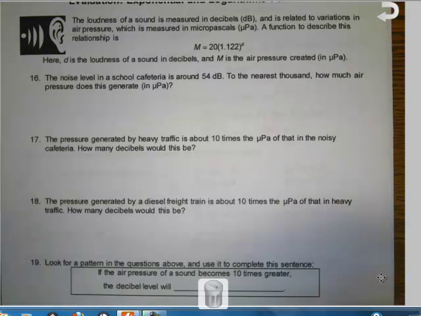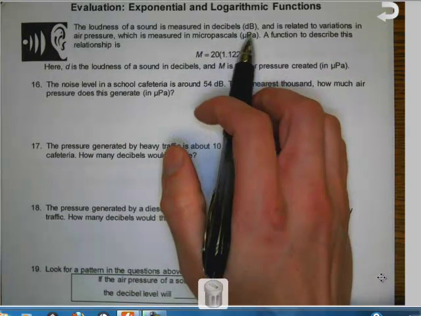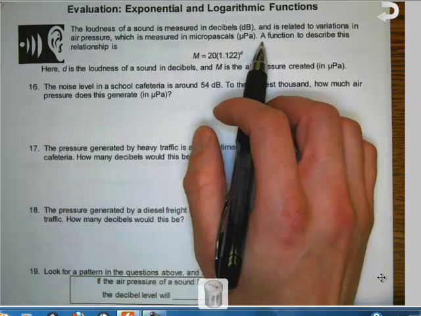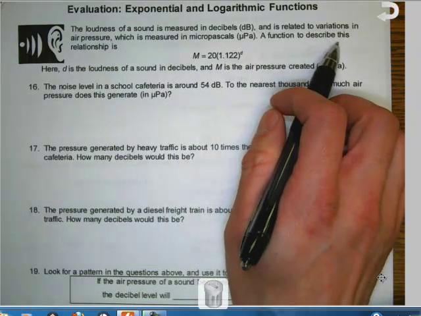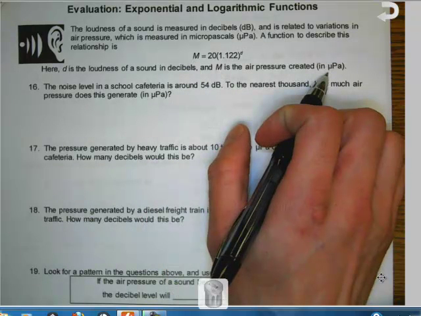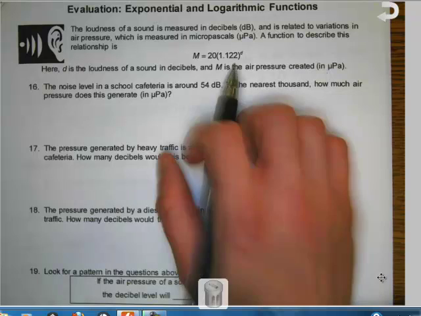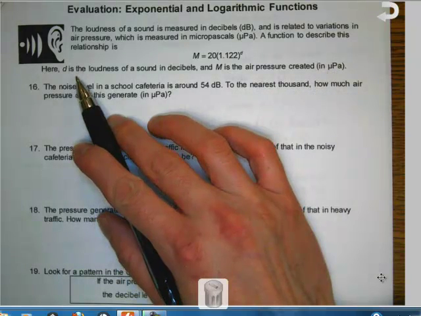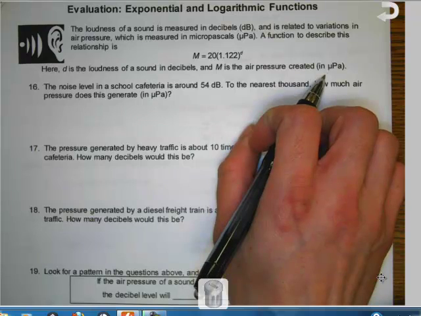It says that the loudness in decibels is related to variations in air pressure, which is measured in micropascals. The relationship is this, where m is the air pressure and d is the loudness. Air pressure is m.